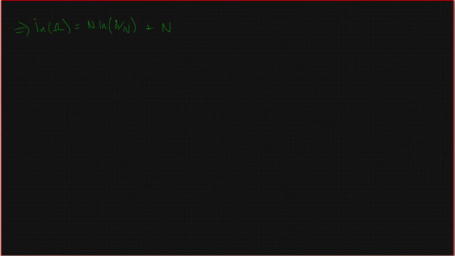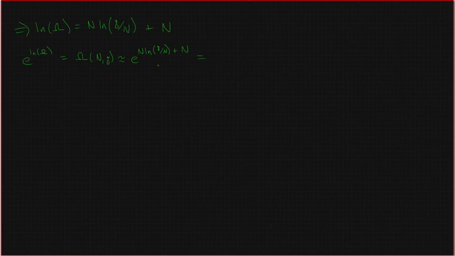Although we'll see that the log of multiplicity is actually what we're going to care about because this is directly related to entropy. Let's just humor ourselves for the moment. So e to the ln of omega is equal to omega of n and q, which we've just shown is approximately e to the n ln of q over n plus n.